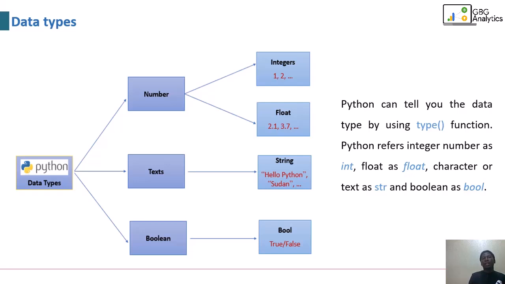A string is full of text and we always put it in quotation. Boolean has two values: it can be true, it can be false. And to check the type of data in Python, we use the function type, which will return the type of data the data is.